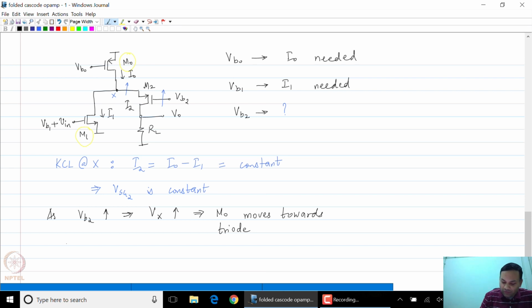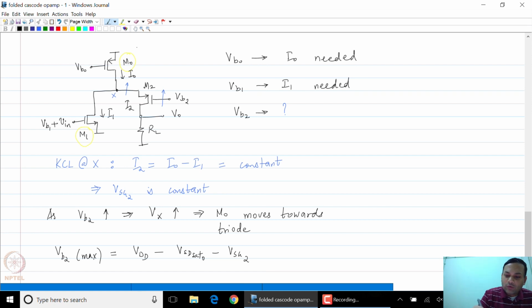So the maximum value, VB2 max, is clearly given by VDD minus VSD sat of 0 minus VSG2.